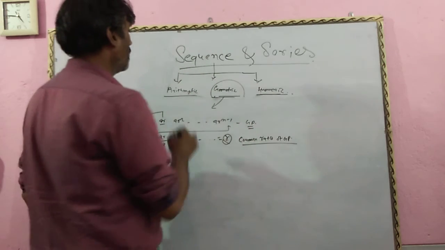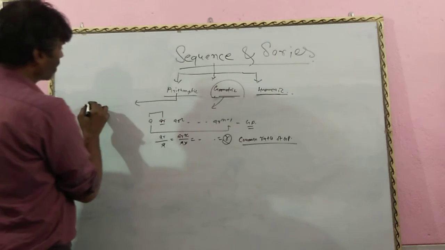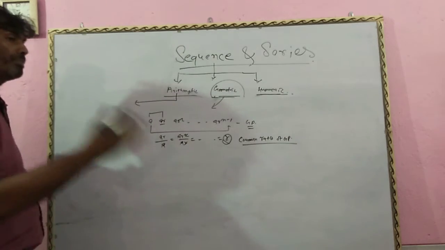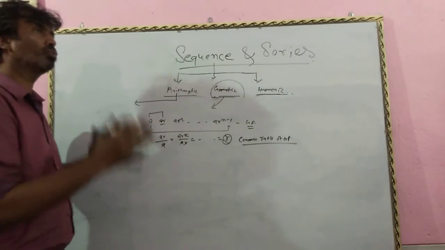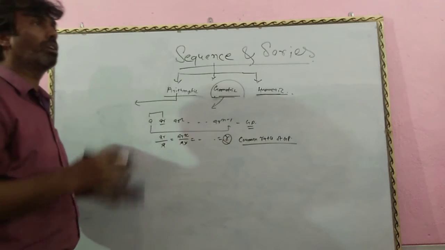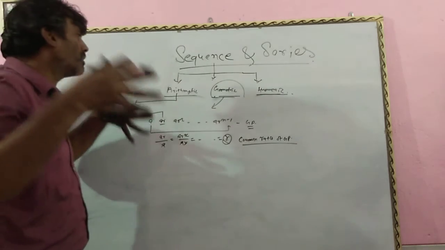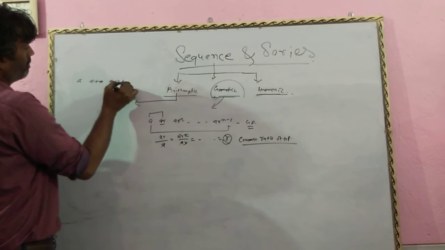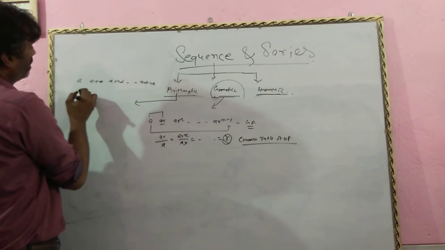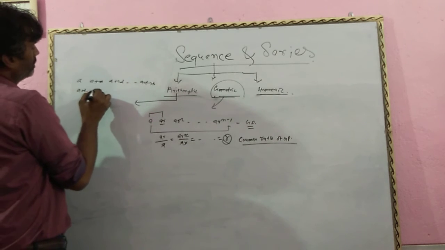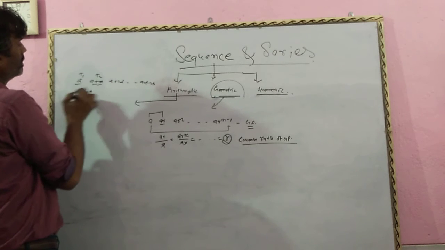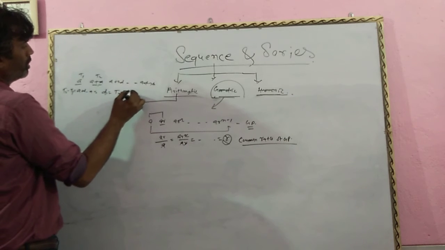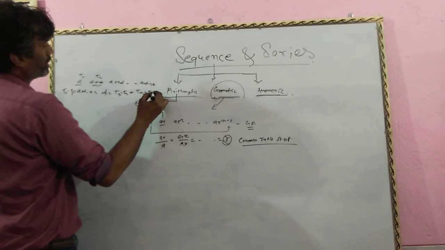And in the case of arithmetic progression, the subtraction of any two consecutive terms is always the same, which is equal to d, the common difference. a plus d minus a, subtraction of any two terms, higher minus lower, will be d, will be T3 minus T2, will be Tn minus Tn minus 1.